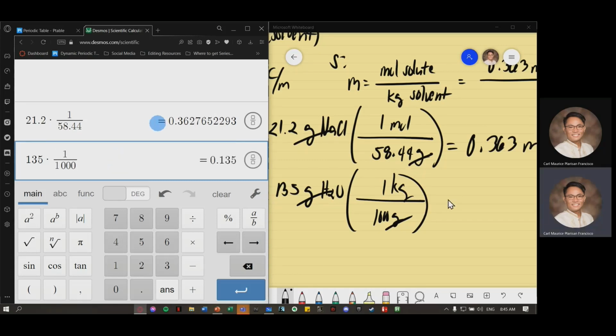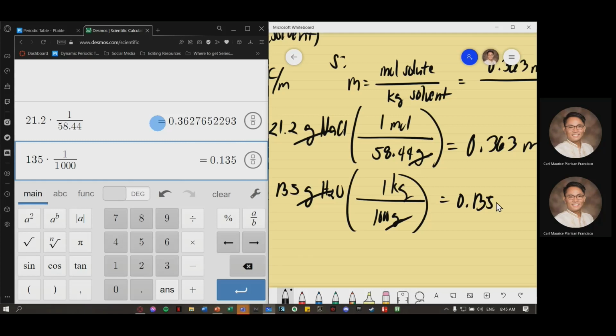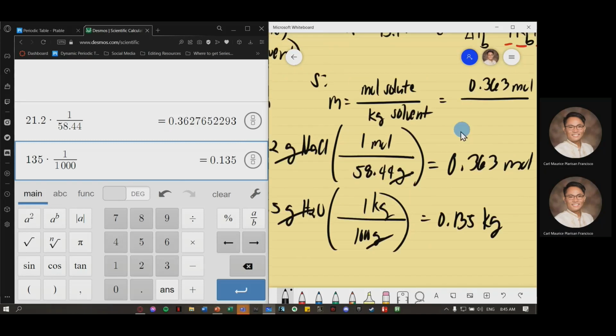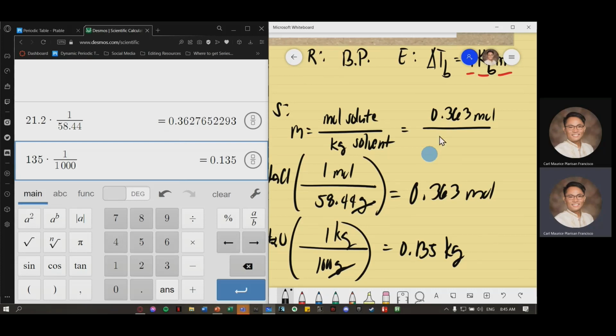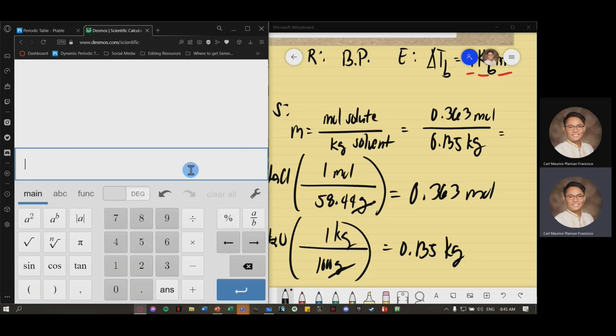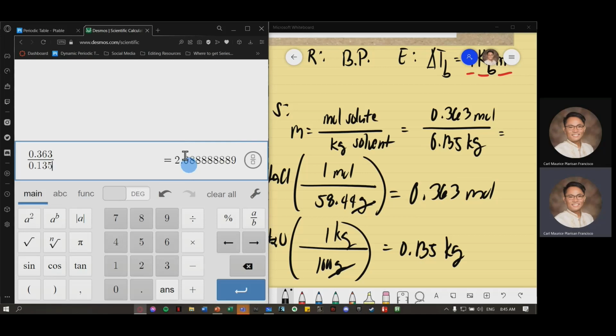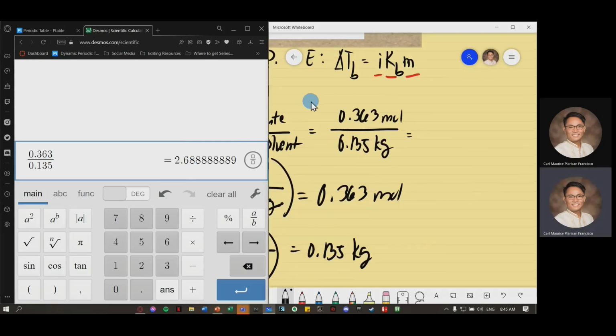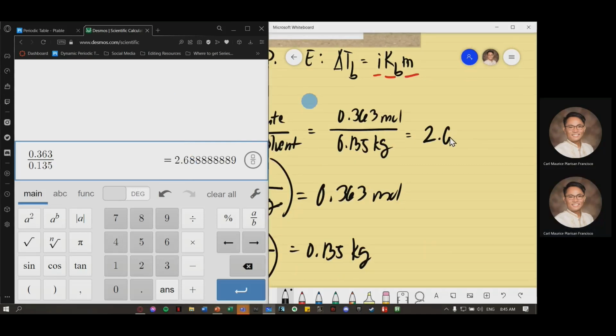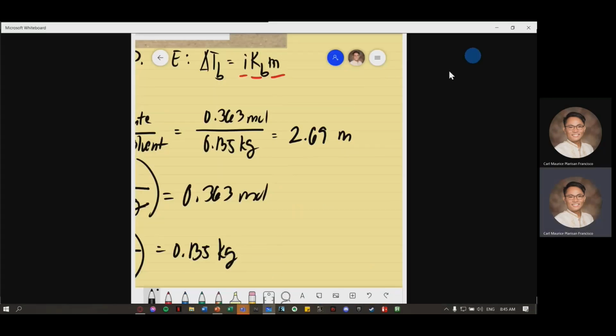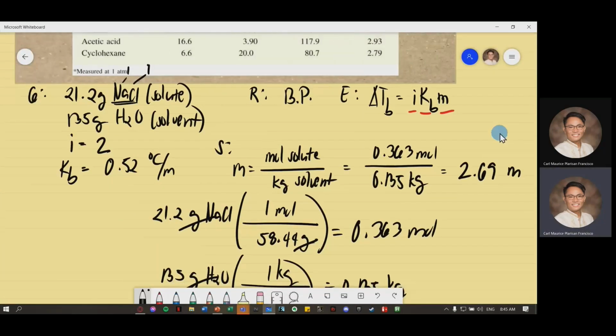We have 0.135. So that will be the denominator. Okay, so now input this on the calculator. 0.363 all over 0.135. We have 2.69 molal.